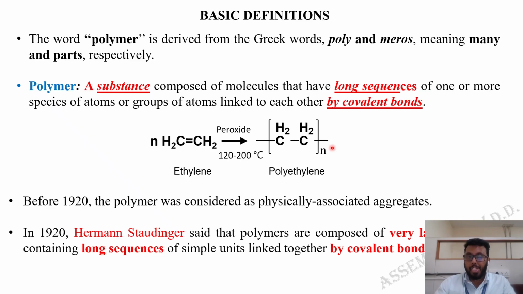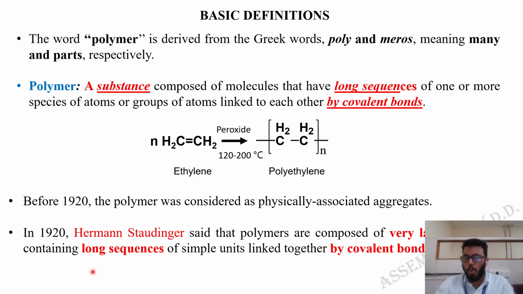Before 1920, in the 19th century, polymers were considered as physically associated aggregates. So there were no proofs regarding their chemical association or covalent linkages. In the year 1920, Hermann Staudinger said that polymers are composed of very large molecules, macromolecules, containing long sequences of simple repeating units that are linked together by covalent bonds.